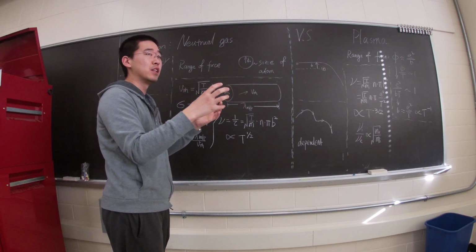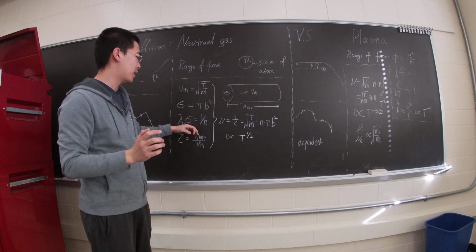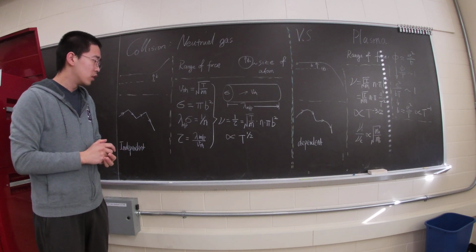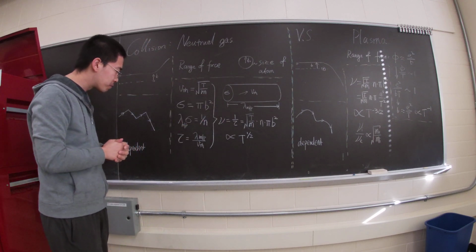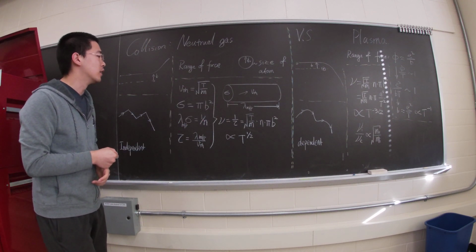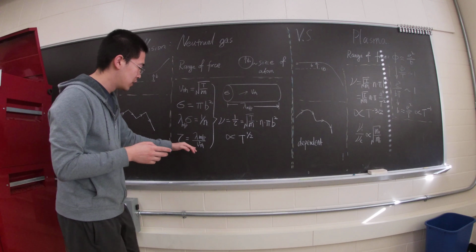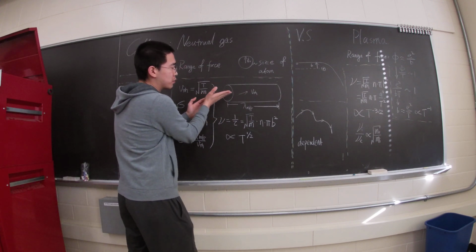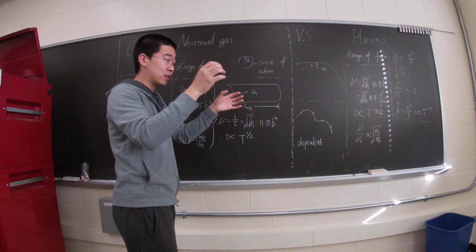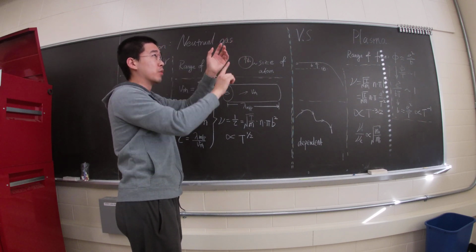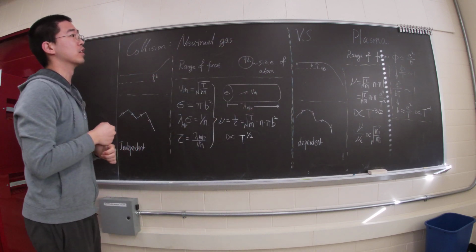So pretty much the average volume that one particle occupies is the mean free path multiplied by the target area, which makes sense in a way. And the collision time is the mean free path over the thermal velocity. Thinking about the particle moving basically in any direction, it will go a certain distance on average and then statistically have a collision.